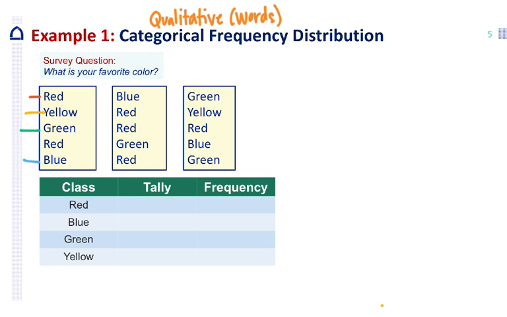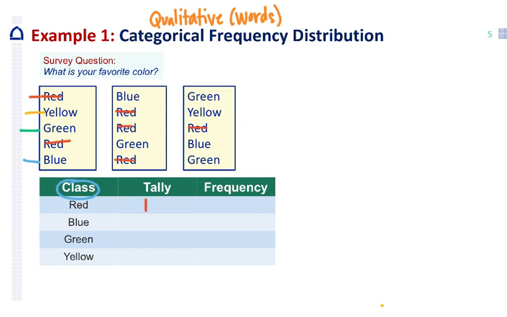So we'll make what's called four different classes. Another word for class is category. Then we will count how many answers were red, how many were blue, how many were green, how many were yellow. So red: 1, 2, 3, 4, 5, 6.